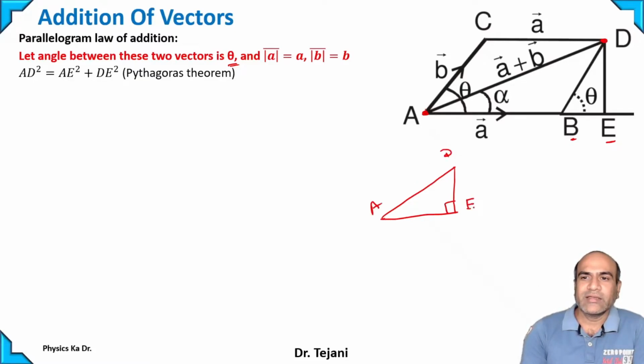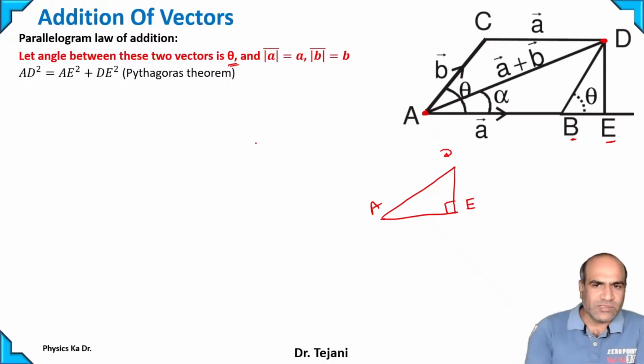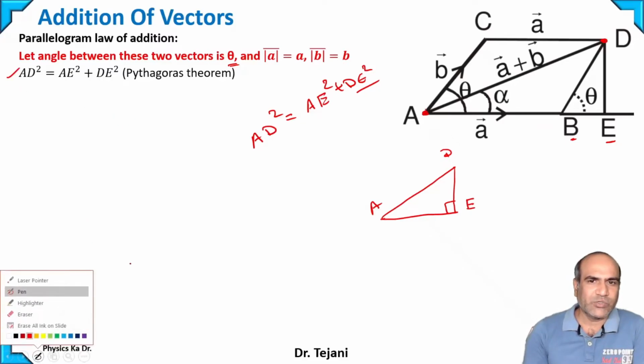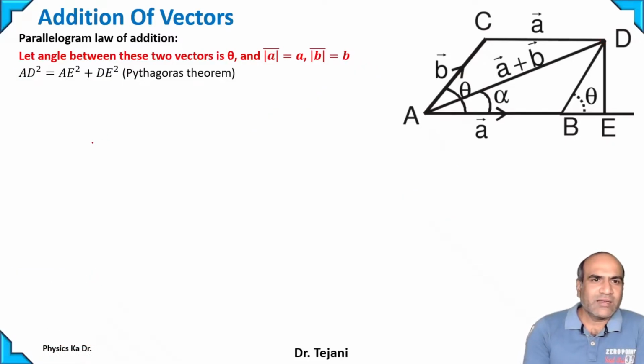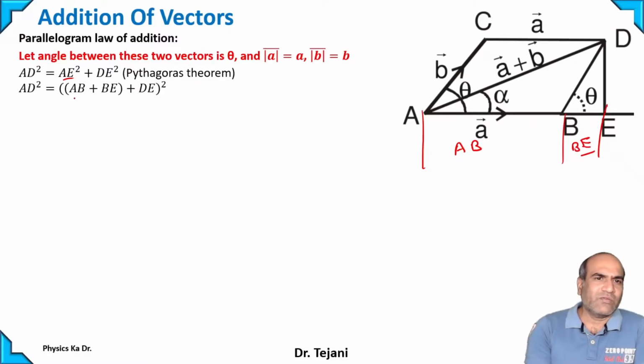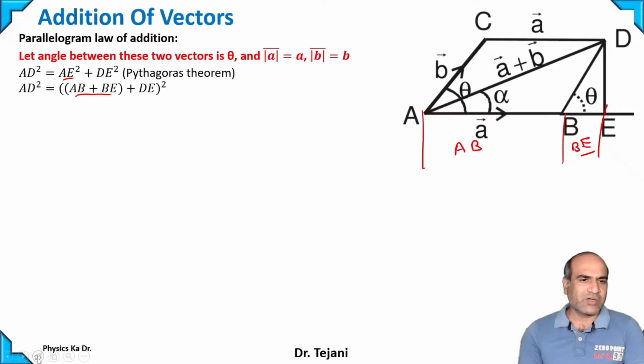From Pythagoras, can we say AD square is equal to AE square plus DE square? Yes, of course we can. There isn't any issue with this. Then this is AE. Can I say AE is equal to AB plus BE? Yeah, of course we can. There isn't any issue. Why not? Yes, you should.